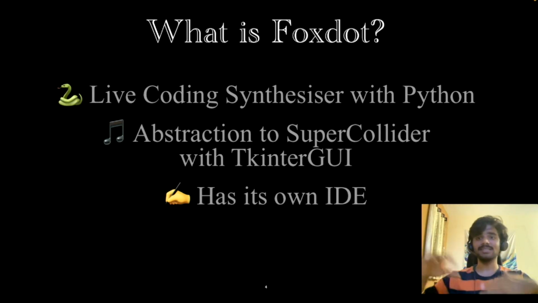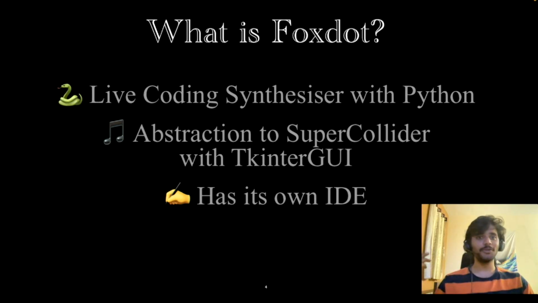So you have sine waves, square waves, sawtooth waveforms, and all of these waveforms sound different. You can use a synthesizer to create all these different waveforms, so it becomes an infinite musical instrument. You can do a lot of things. And FoxDot gives you the power of a synthesizer with Python. So you can just write Python to code up whatever you would do with your synthesizer, which is awesome.